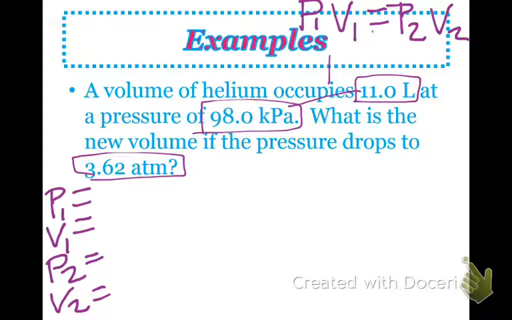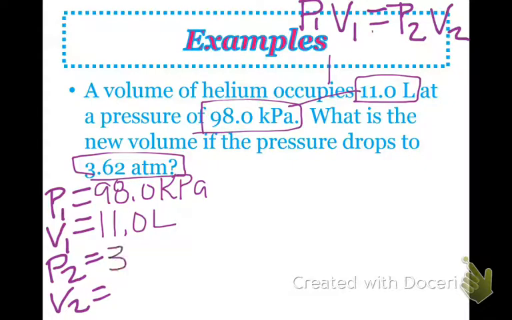So the liters is 11. Your pressure is 98.0 kilopascals. The pressure then drops to 3.62 atm. And again, we're trying to find a volume. It works the same way if you're trying to find pressure.